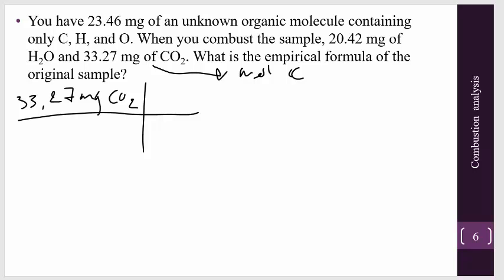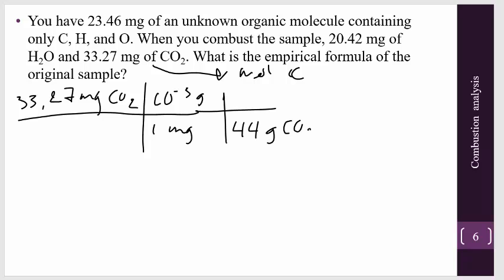So here we'll have milligrams. I'm first going to convert it into grams. Now we have grams. This is grams of CO2. We need to convert it into moles. So CO2 is 44 grams approximately for 1 mole.